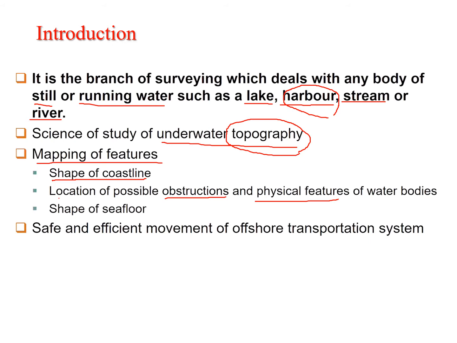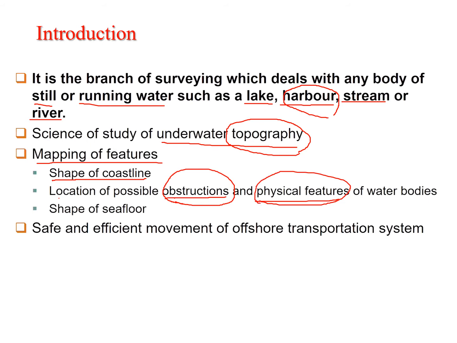There are two different words, obstructions and physical features. Obstructions have different characteristics, changing their shape as low tide and high tide come, but physical features mostly do not change.